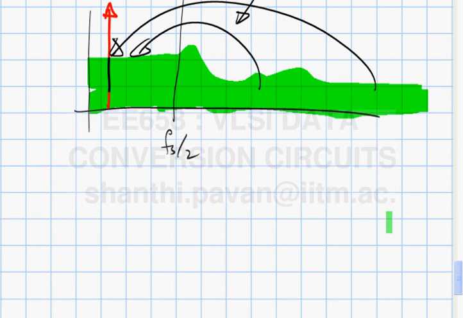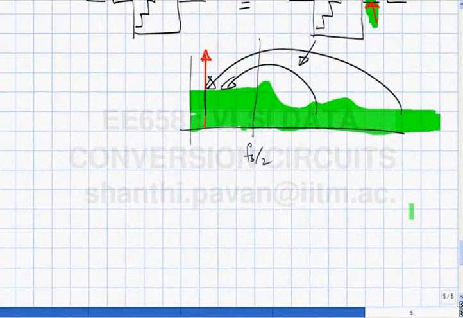So the key things you must know are, given the spectrum, you should be able to find the resolution. You should be able to look at the spectrum and tell me what the spurious free dynamic range is. The same considerations that you use to choose the input frequency relative to the sampling rate, the same considerations you use when you design and characterize the sample and hold, must also be followed here.